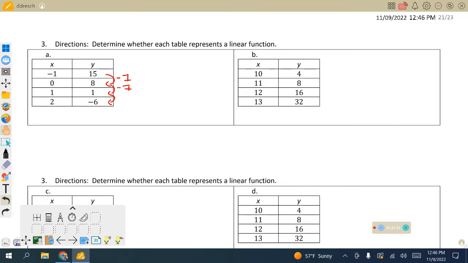Do I get another -7 up here? Yep. So far, so good. Over here, I better see that other consistency happening as well. Yeah, Tristan, +1. And if I don't see that consistency, then we say it's not linear, but we have consistency, right? So Ari said it was linear.